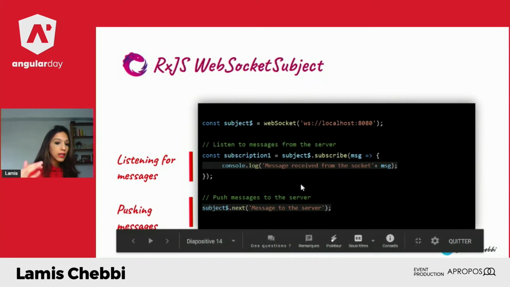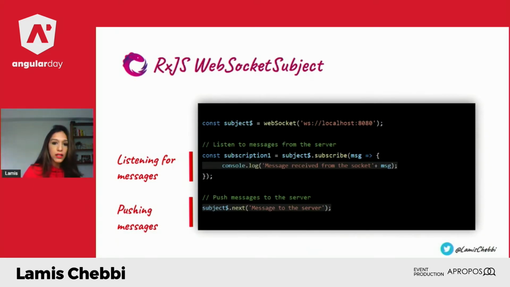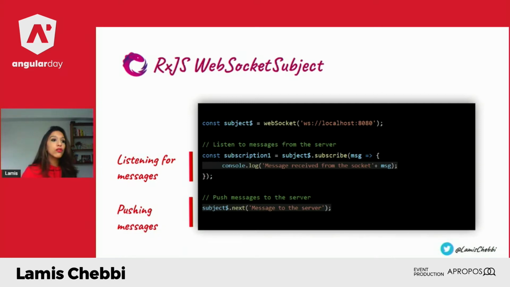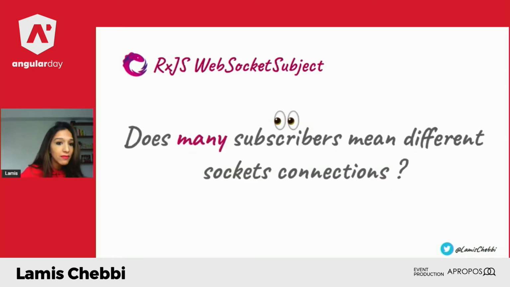Here I am just logging the received messages in the browser console, so it's an academic example. In order to push messages to the server, I just call next. Once I'm done, I just complete and unsubscribe. That's all to test the first hello world example.